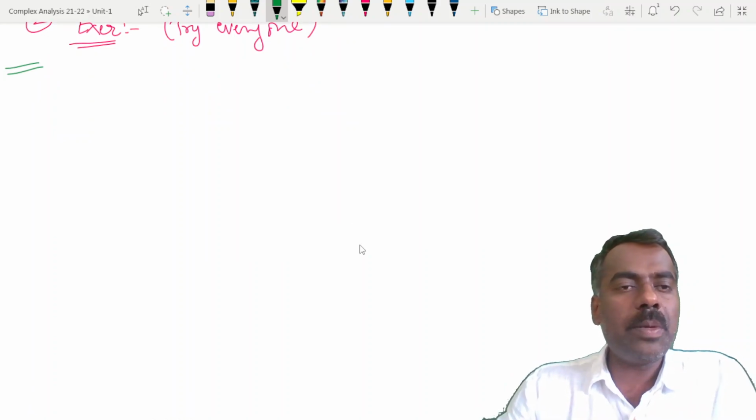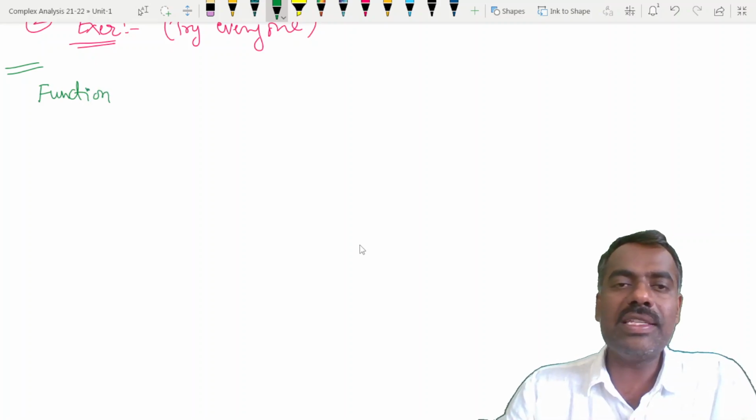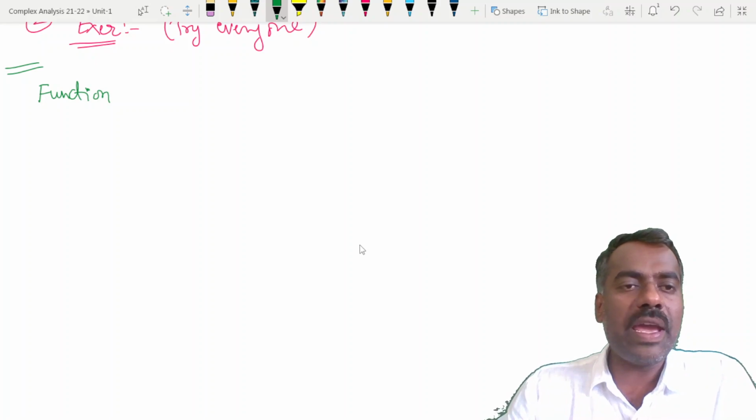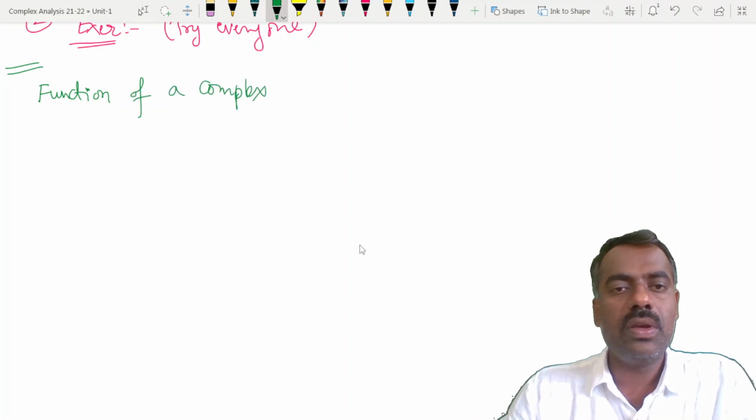So we define what is meant by a function. So far we have seen domain, range and so on. Now we can define what is meant by a function of a complex variable.